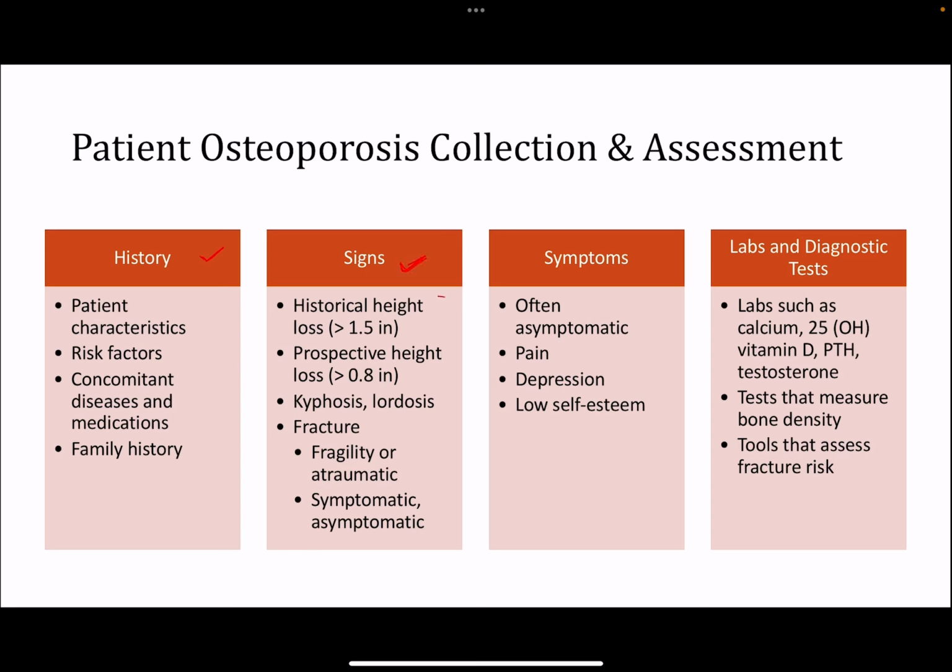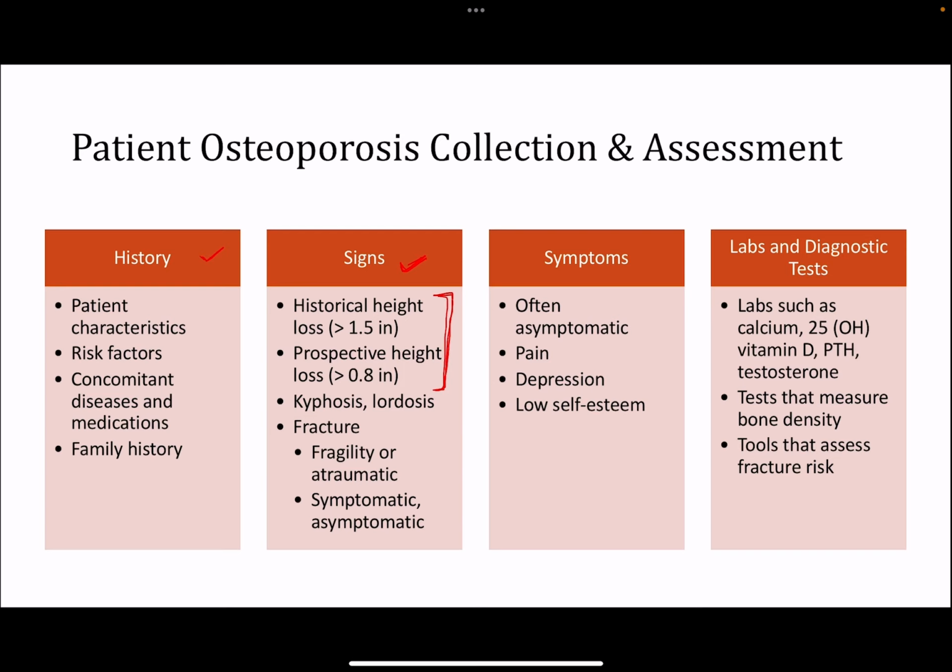Specifically, a good indicator is a loss in height. Sometimes there could be fractures in the spine, and a patient might not even feel any pain, but we can tell by a decrease in height. So it is often asymptomatic, but some other symptoms that can occur are pain, depression, and low self-esteem.